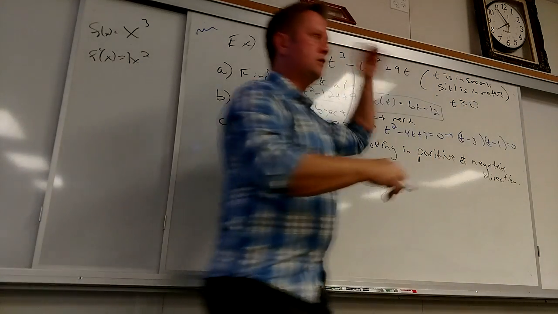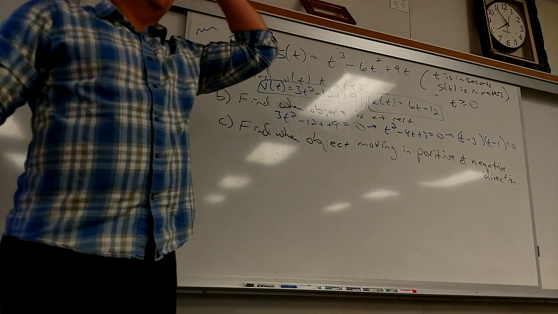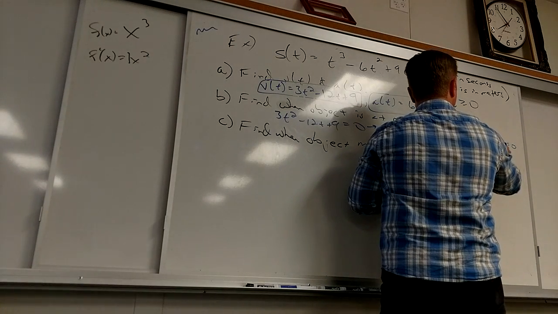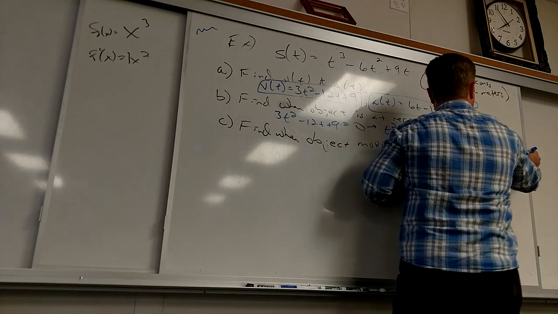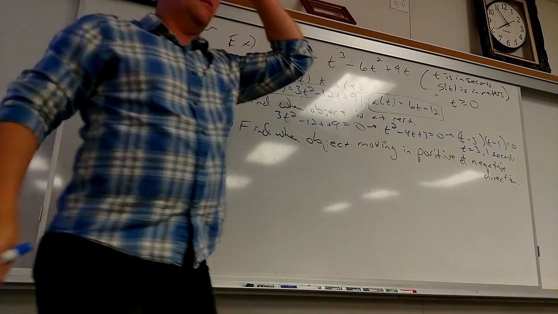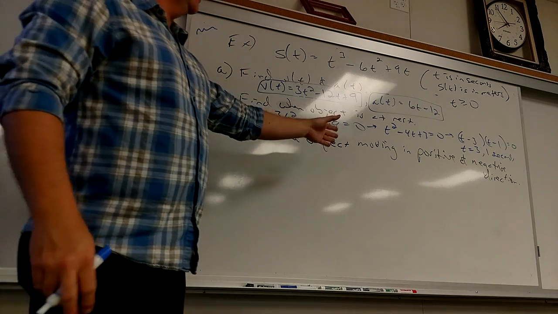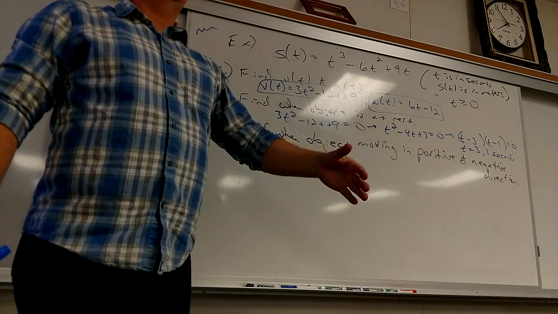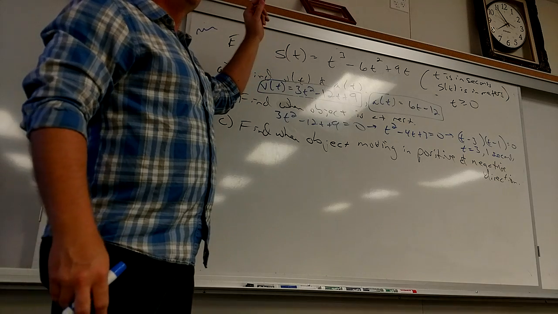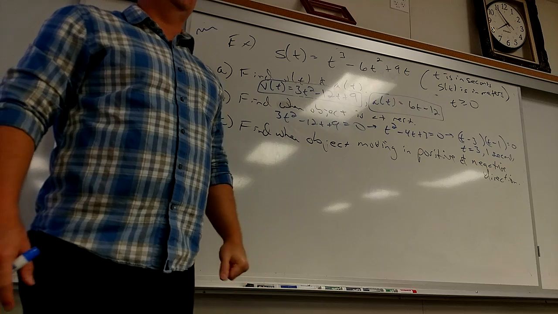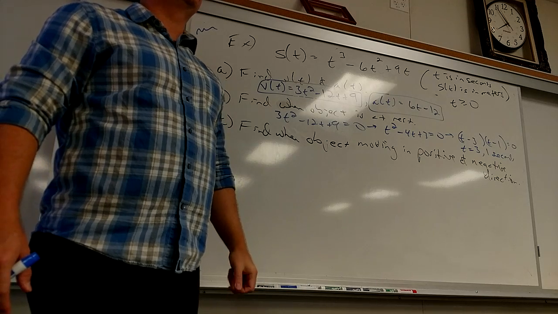They have to multiply to be positive 3. I like it. So what do those times mean? So at 3 seconds and at 1 second, this object is not moving. It's at rest. Kick ass. I like it.